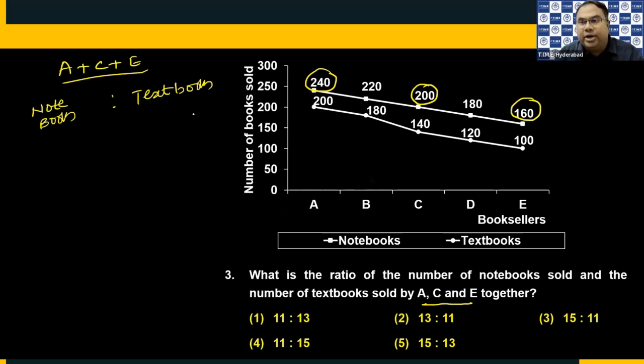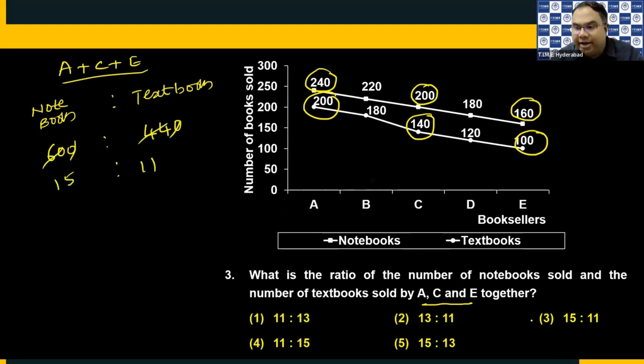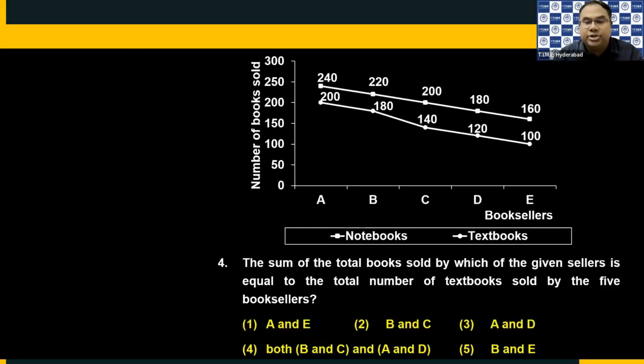So 240, 200, 440, 600 is to textbooks. 200, 140, 340, 100, 440. So it will be 4 15s, 4 11s. 15 is to 11. It is option 3. Let's move on. Next question.